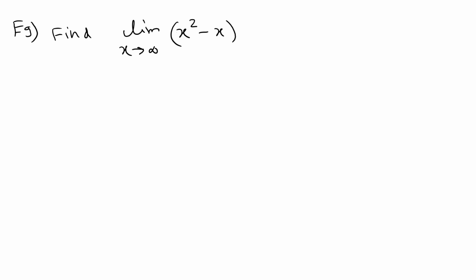In this case, x squared goes to infinity, and x also goes to infinity, so it's like infinity minus infinity. Infinity minus infinity is not defined, so there's no meaning to this. This is what we normally call an indeterminate form.